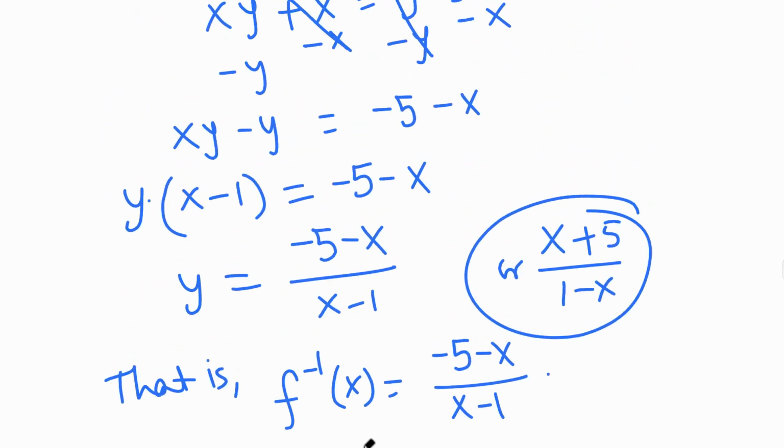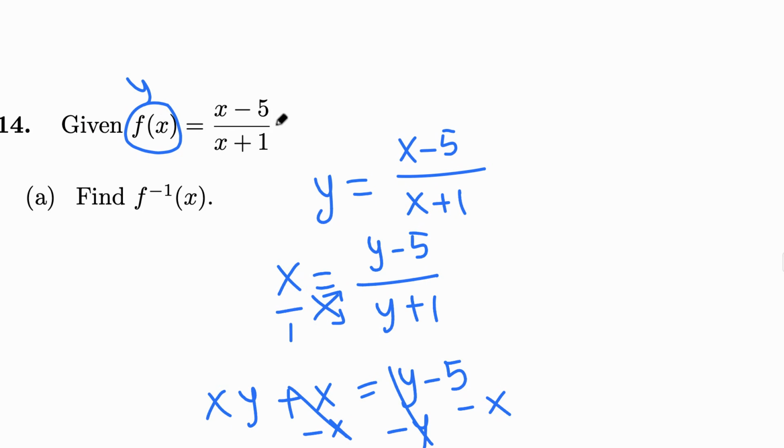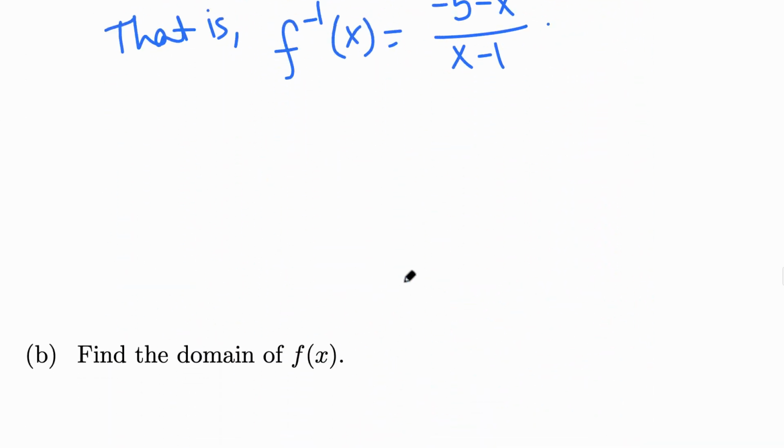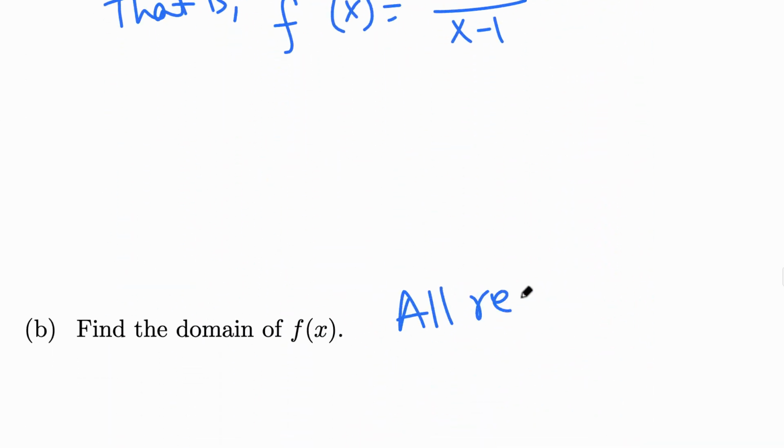Now find the domain of the function. So the function is here. Okay, this is f. The domain is all reals except negative 1, because negative 1 plus 1 is 0. So the bottom becomes 0 at negative 1. That means the domain is all reals except negative 1.